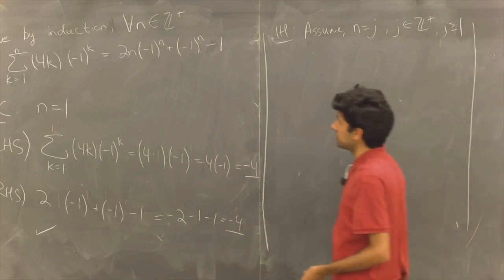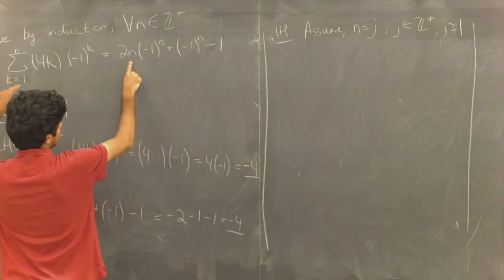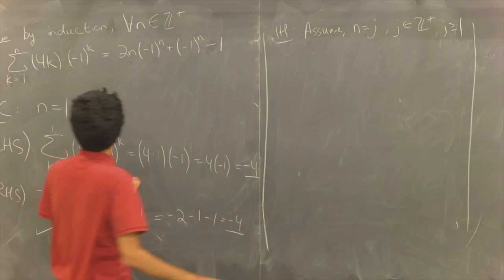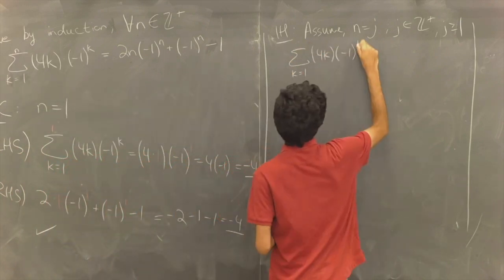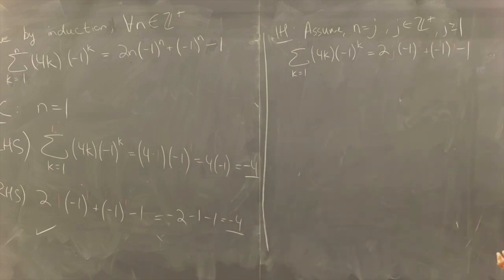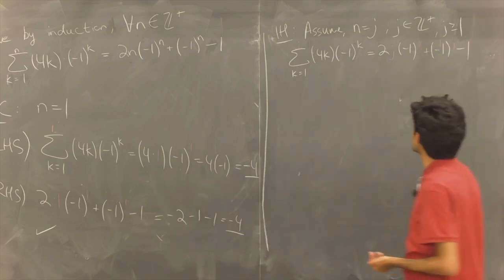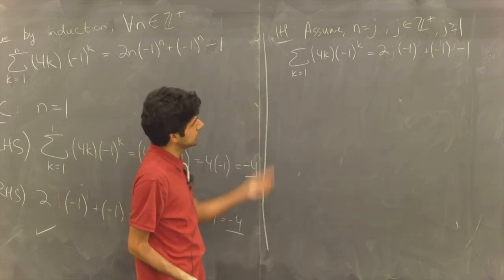We're going to assume what? We're going to assume this equality, except now instead of n, we're going to replace it with j. So this is the assumption we're making. It's just the same thing in terms of j for some integer j.